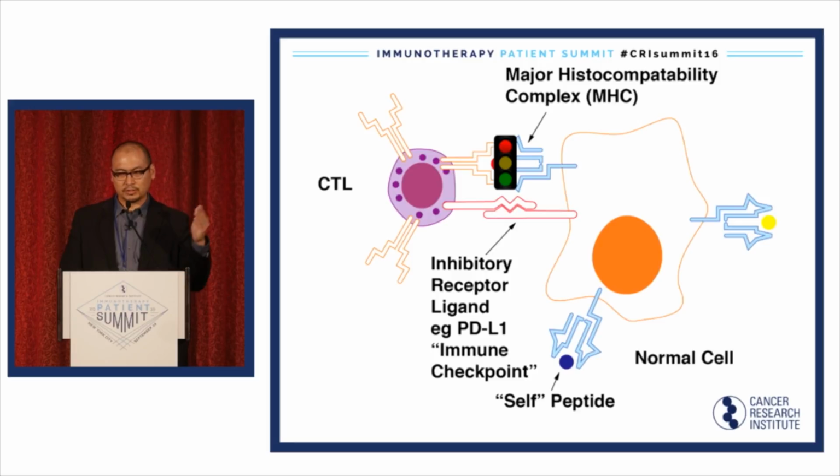In addition, normal cells express inhibitory receptor ligands such as PD-L1. These are the so-called immune checkpoints that you hear so much about. And that's an additional negative signal to prevent the cytotoxic T cell from being activated. So if it sees something like PD-L1 on the surface of a normal cell, it's another red light. So there's multiple safeguards in your immune system to prevent activation against normal cells.